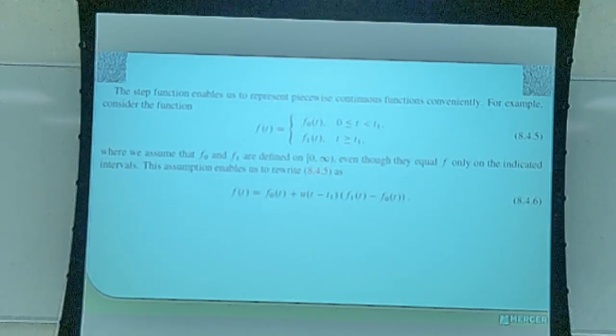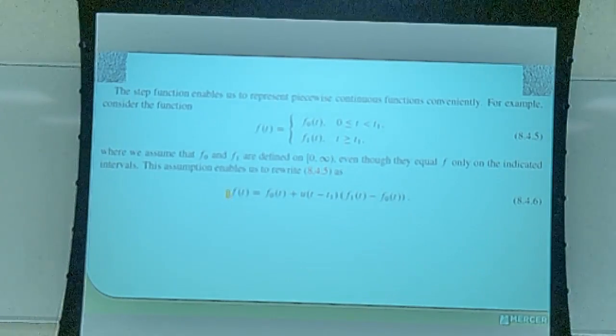If you're given a piecewise function, you can define it in terms of the unit step function. This is a two-piece function. You're given your function f naught of t, where t is between 0 and t1, and then f1 of t beyond t1.